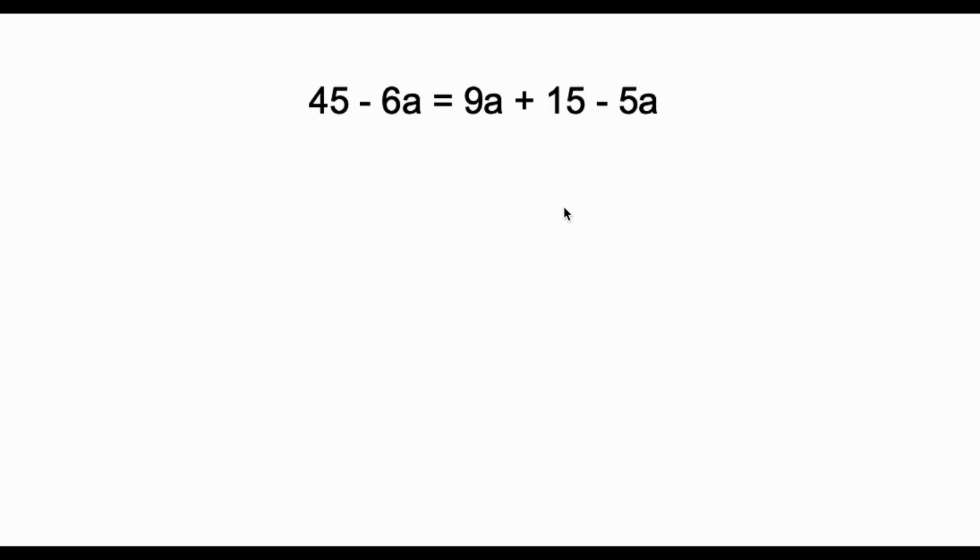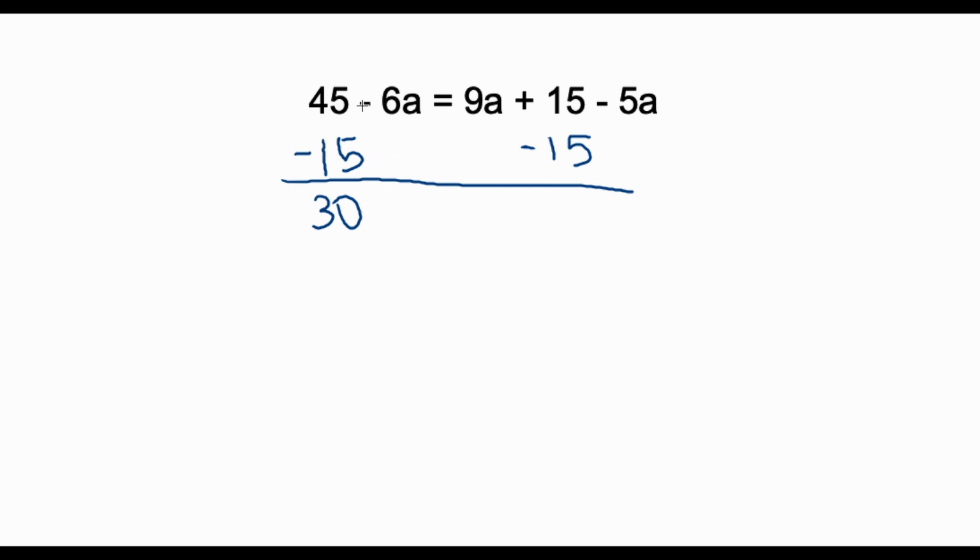Since the 15 is adding, I'm going to subtract it. Whatever I do to this side, I'm going to do to this side. Right, so that's minus 15 on both sides. Now 45 minus 15 will give us 30.